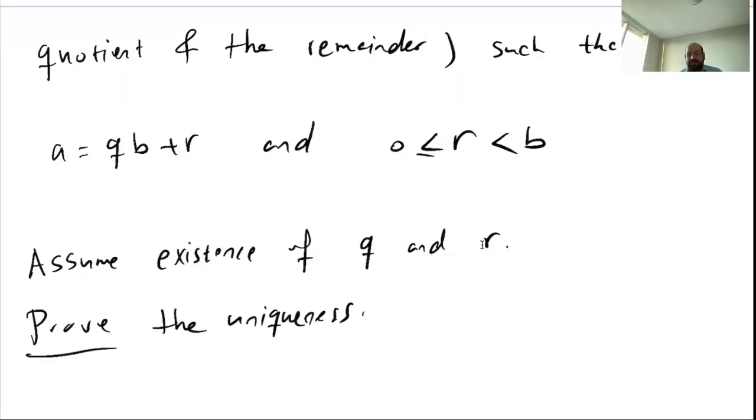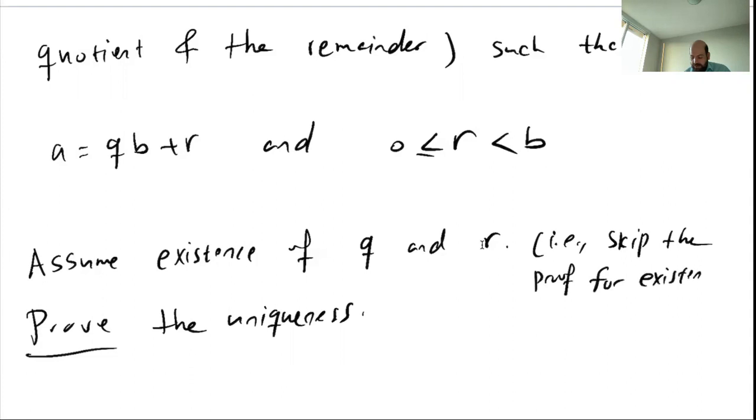Of course, existence has to be proved as well. So when I say assume, I mean skip the proof for existence. Of course, the existence has to be proved, but let's see how we can prove the uniqueness, because we want to give an example of how one can show the uniqueness of an object in mathematics.